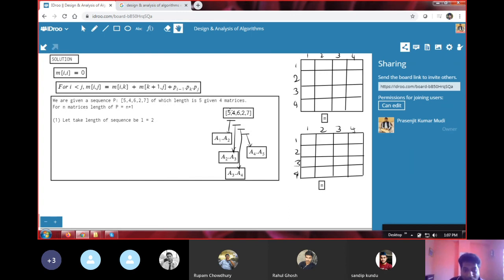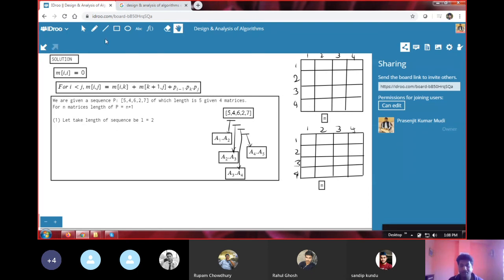If I take 5, 4, that means we are considering A1. If I take 4, 6, that corresponds to A2. Similarly, if I take 6, 2, it corresponds to A3, and 2, 7 corresponds to A4. So this is the meaning: the length of sequence L equal to 2 means either A1, A2, or A2, A3, or A3, A4, something like that.